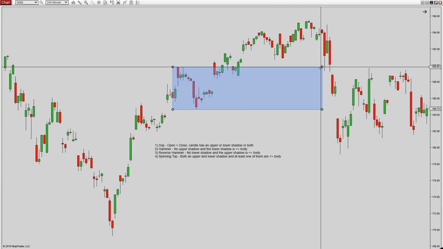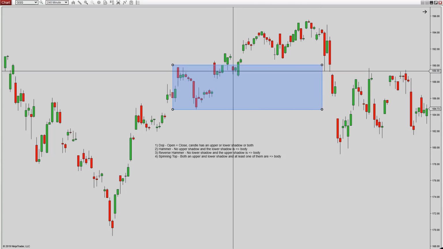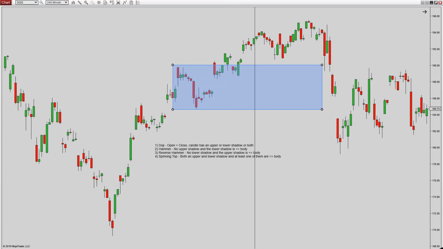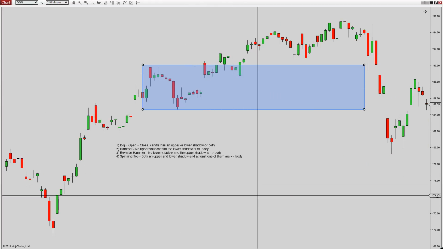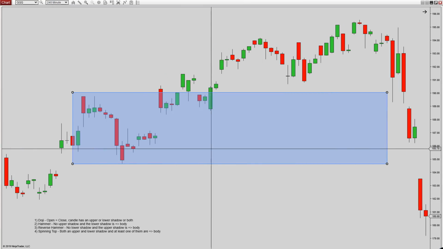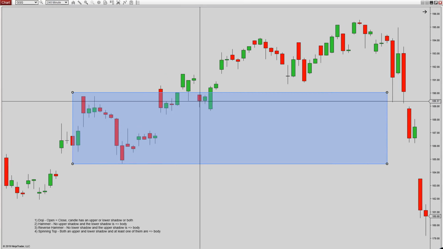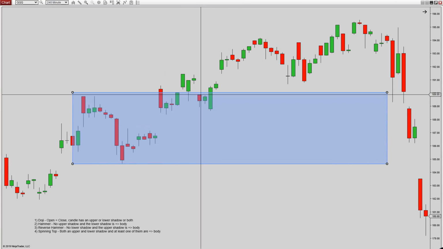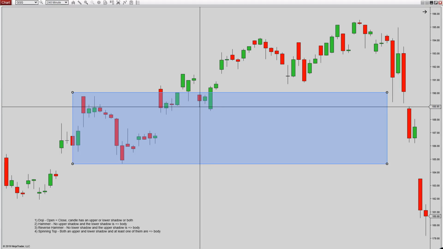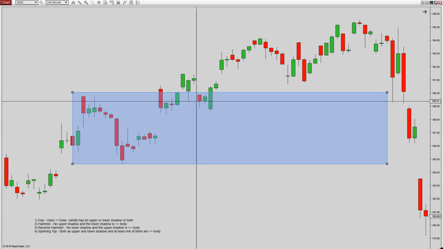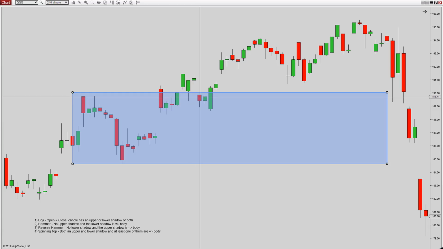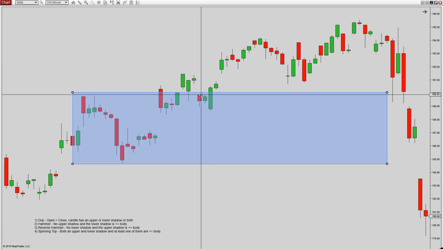It's hard to see this because I covered it up, but right here is a hammer. Let me blow it up. So here's a hammer candle where I have no upper shadow. I have a lower shadow that is equal to or greater than the candle body. So all I'm going to do, guys, is once price goes above this by a couple ticks, that's where I'm going to enter my trade.